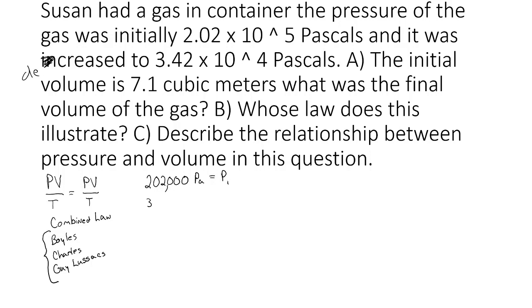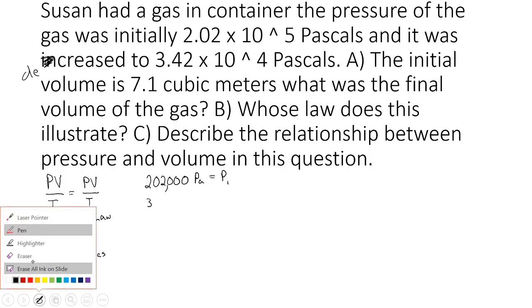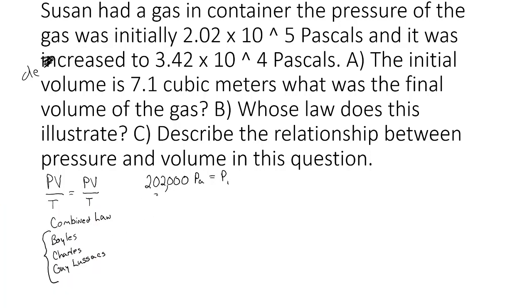It was decreased to, I'll have to go back and change that, it was decreased to 34,000 pascals. If you read what it says here, it's to the 5th power, and then it goes down to the 4th power. So it's actually decreased. So that's pressure 2. And the initial volume, V1, equals 7.1 cubic meters. We've got to find V2.